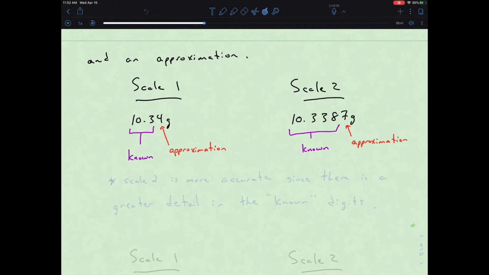So we could say that scale 2 is more accurate since there is a greater detail in the known digits.